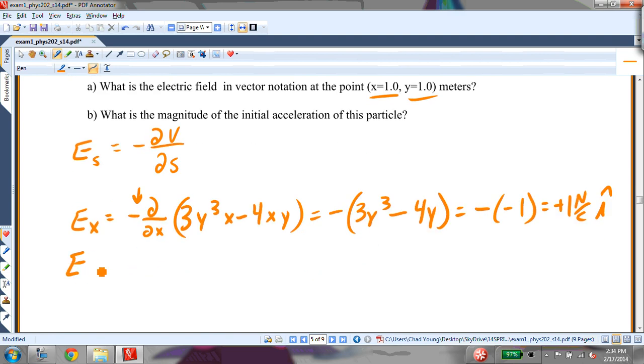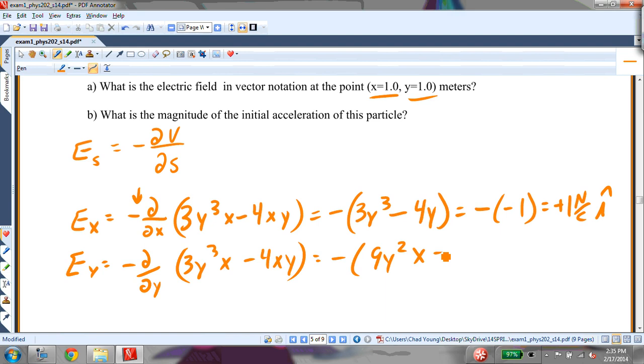Now, Ey, very similar. Let's see, it's going to be negative 9y squared x minus 4x. And then you put in x equal 1, y equal 1, and you get negative 9 minus 4, which is negative 5 newtons per coulomb in the j direction.